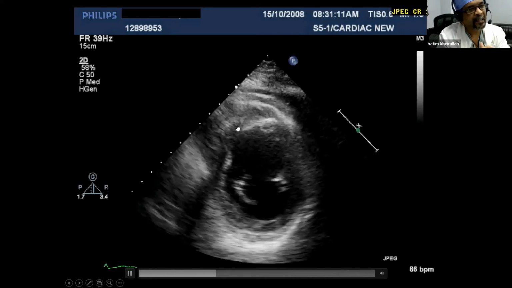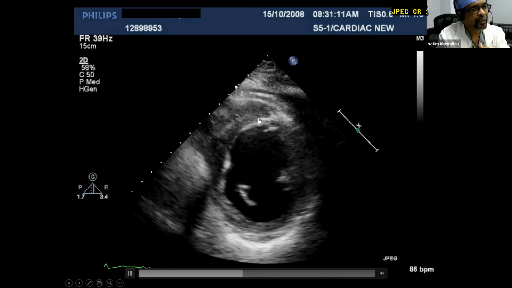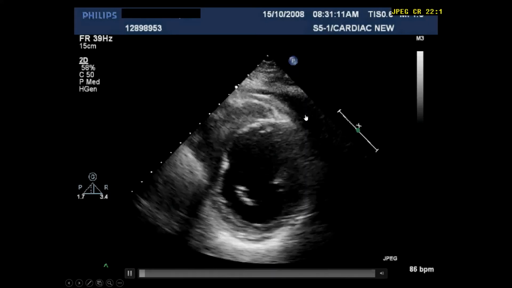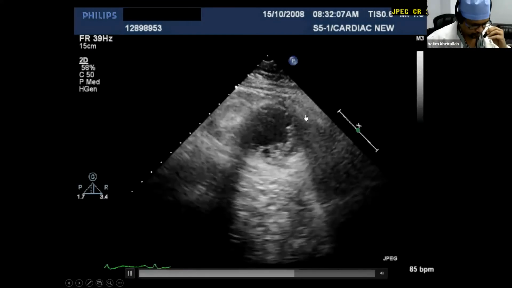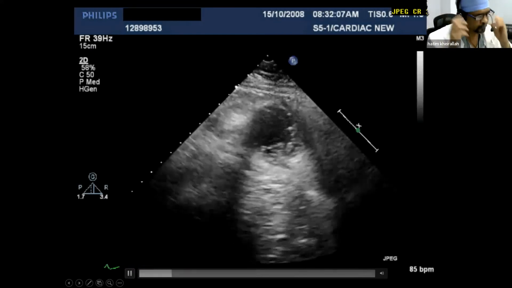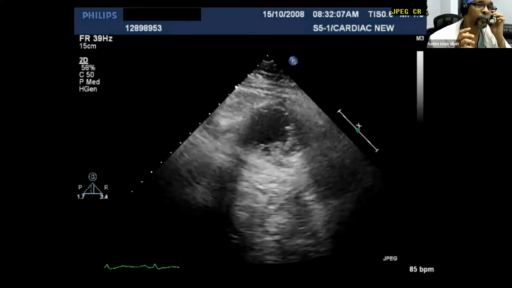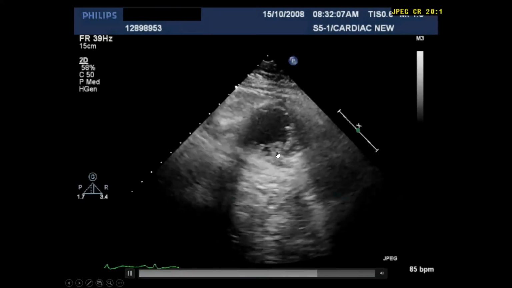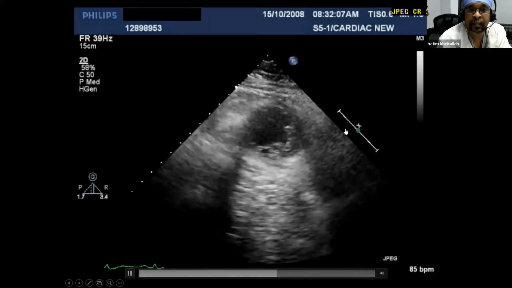And here again, the anterior septum is showing, which is akinetic. Akinetic anterior septum. Now, what is this? Apical. Yes, this is apical. And what do you see in this apical view, Fikri?